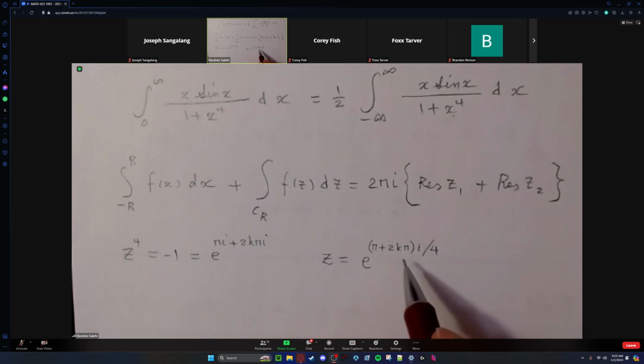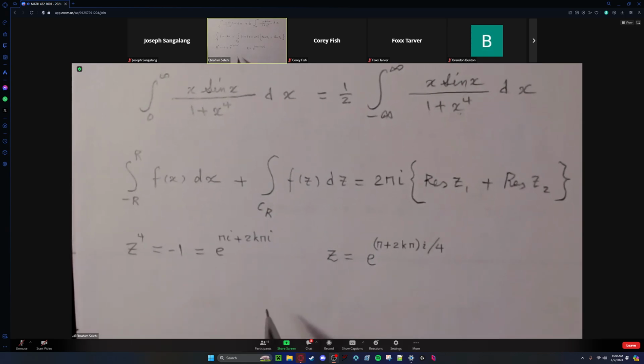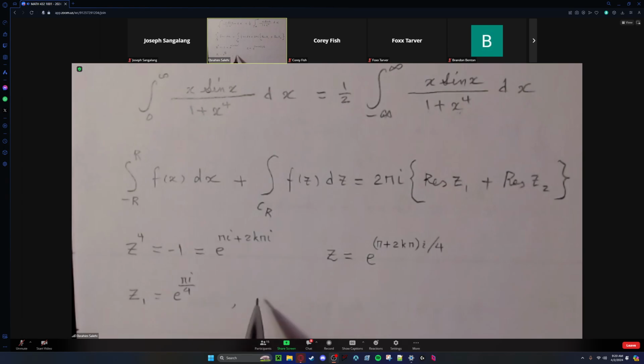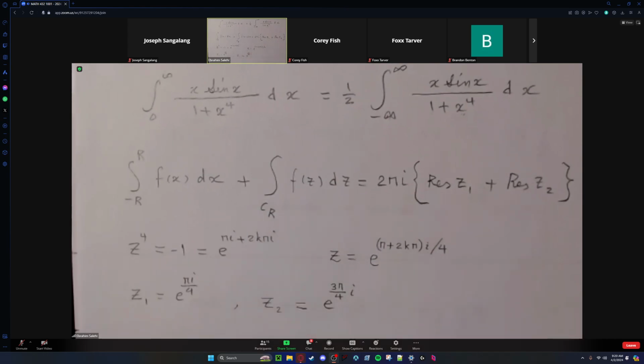So k can be 0, 1, 2, 3. All right. For k equal 0, you get z1, and for k equal 1, you get z2, which is 3 pi over 4. Oh, these are in the upper half plane. The other 2 will be in the lower half plane. I don't need those, okay?